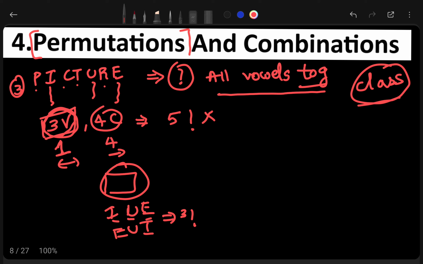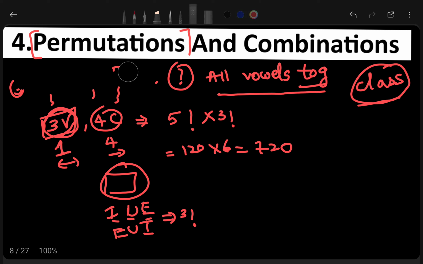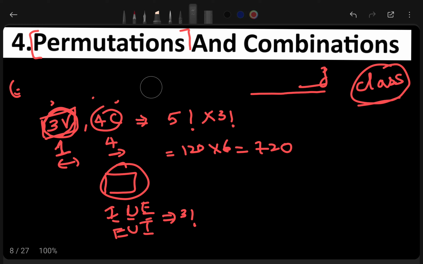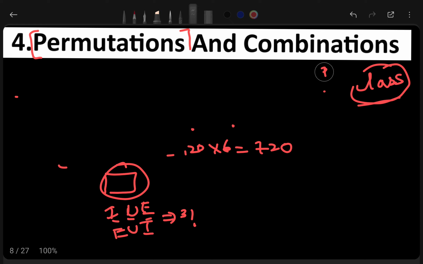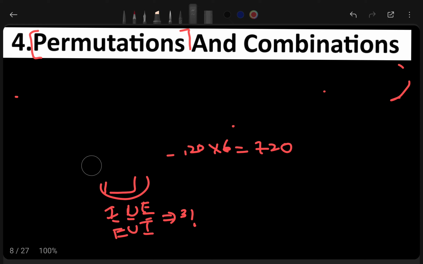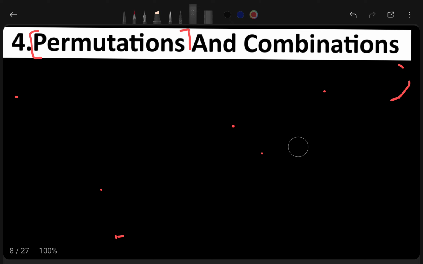So it's going to be 3 factorial. So 5 factorial times 3 factorial gives me 120 into 6, 720. This is the third model where he asks about consonants, vowels, kind of things. Okay, now in the fourth concept, he will be asking about circular permutations.